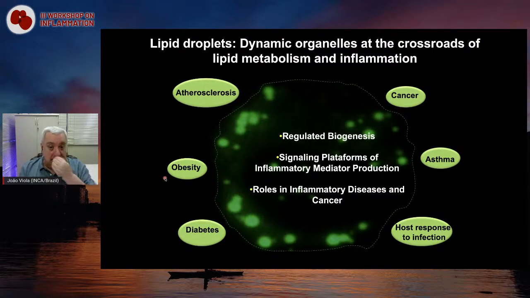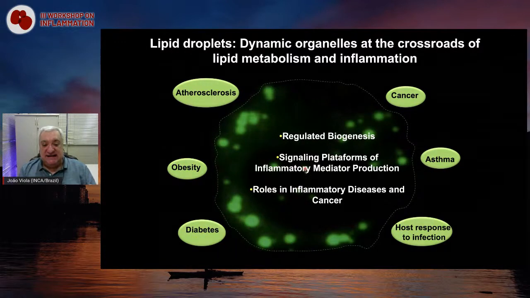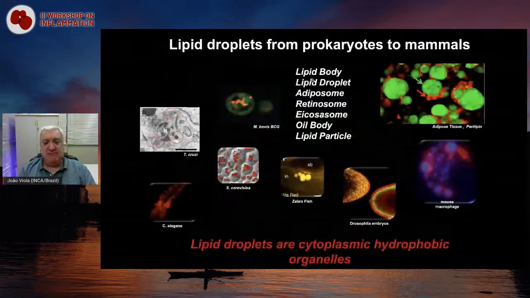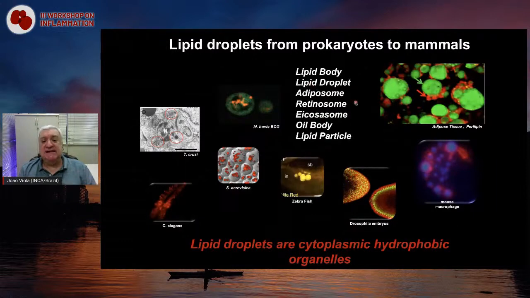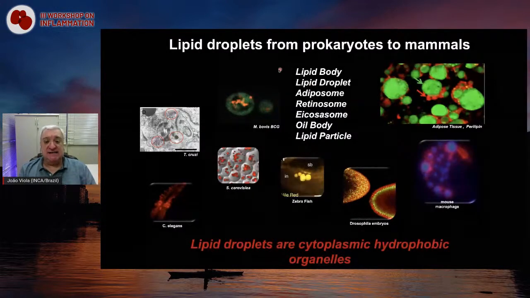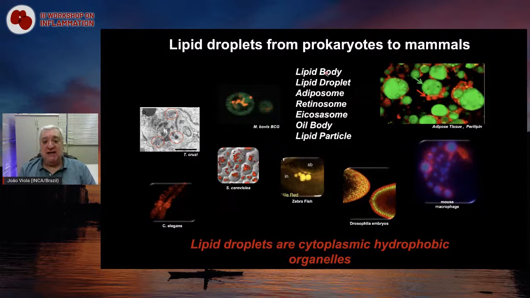They present regulated biogenesis, and are a signaling platform for inflammatory lipid mediators, and as I show, have a role in disease and cancer. These lipid droplets have several names, depending on the species and the cells where they are generated, also known as lipid body, adiposome, and others.